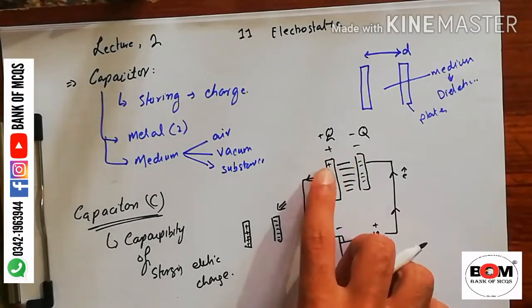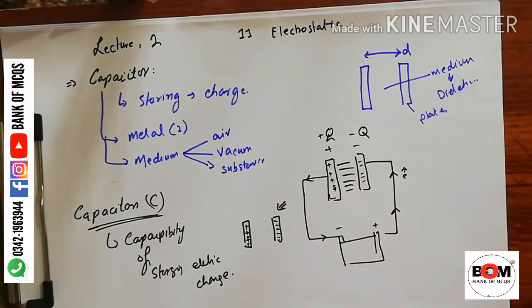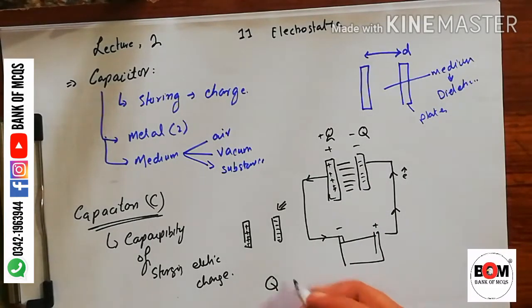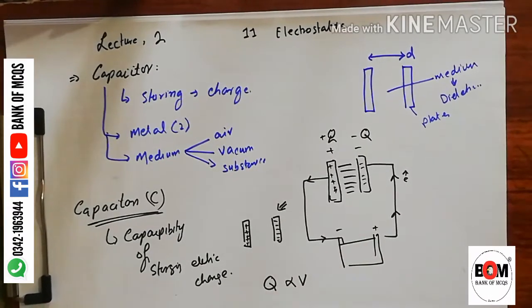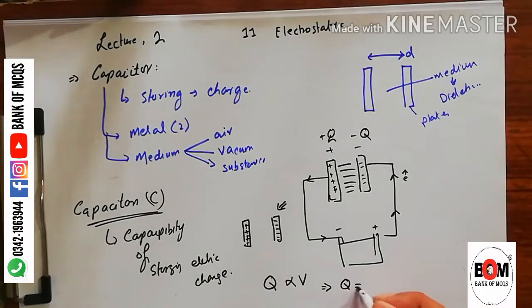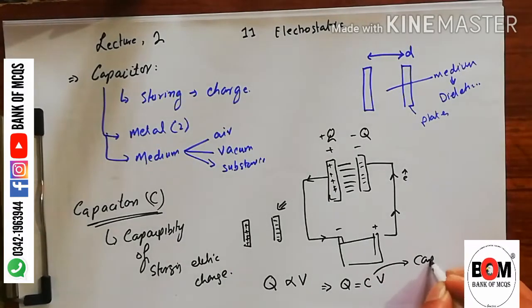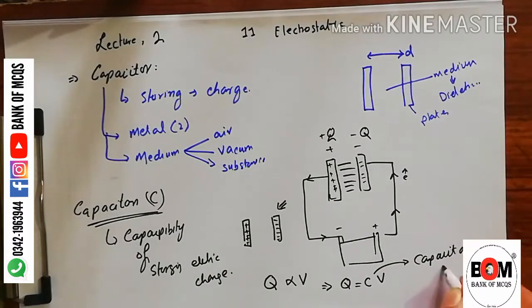In other words, the charge Q on the plates is directly proportional to the voltage. By putting in a proportionality constant, Q is equal to CV, where C is a constant, and we call it the capacitance of the capacitor.